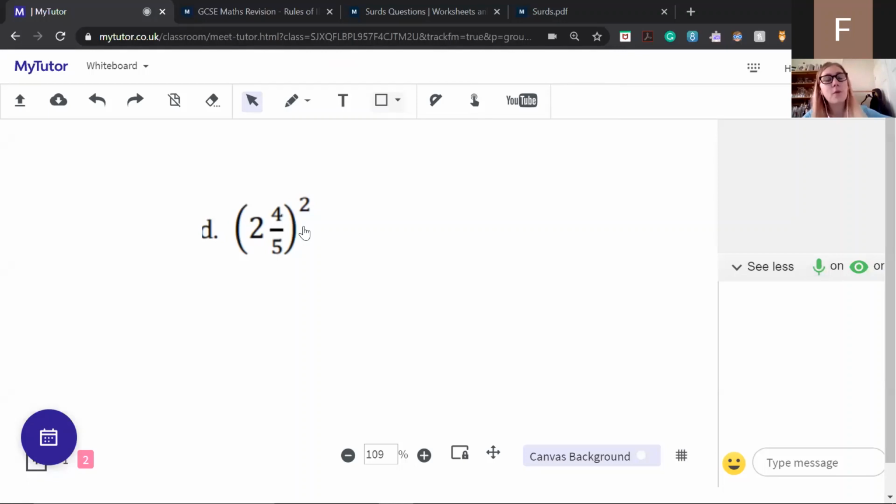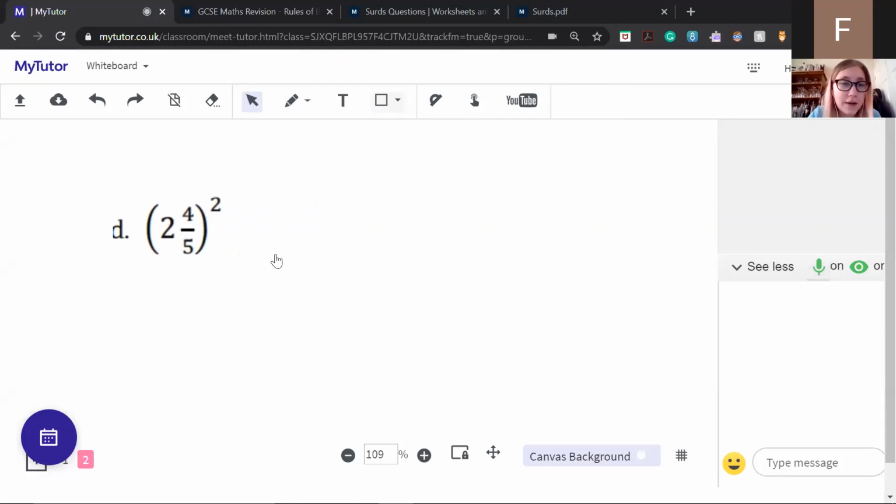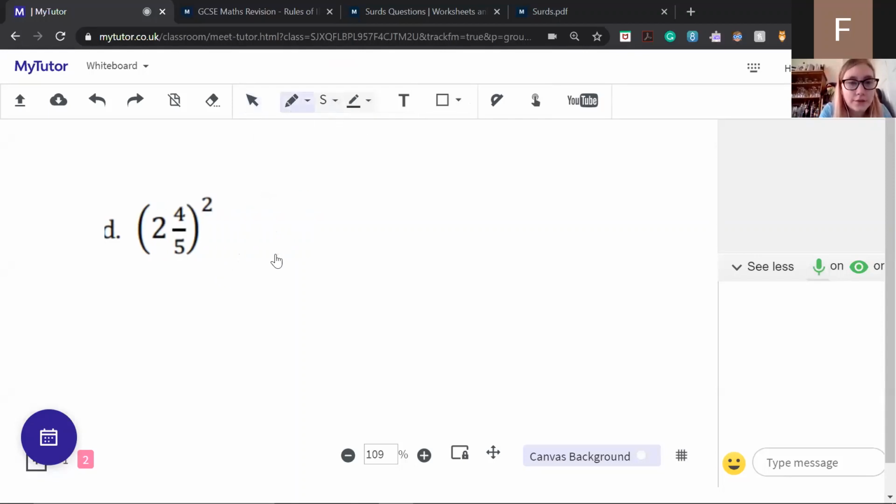So, when we have a fraction squared, just like how when we multiply, we square each bit, here we square the top, square the bottom. So I much prefer making things a top-heavy fraction rather than a mixed fraction. So that's what I'm going to start off by doing. I'll show you both ways, actually.